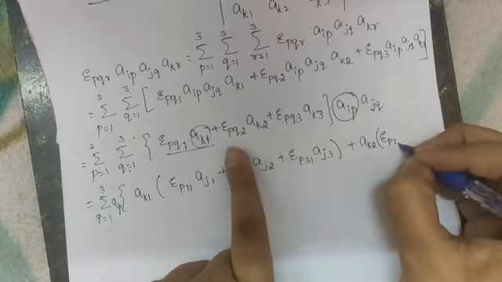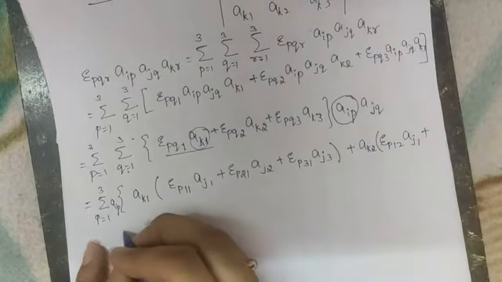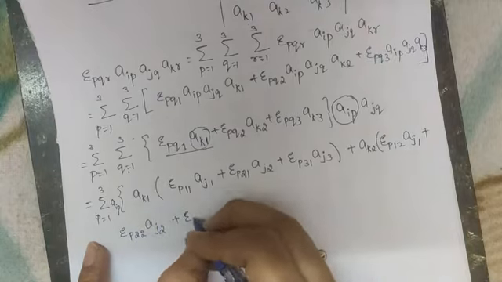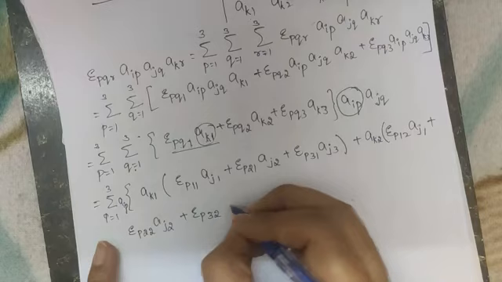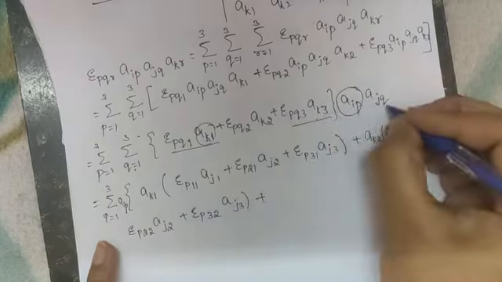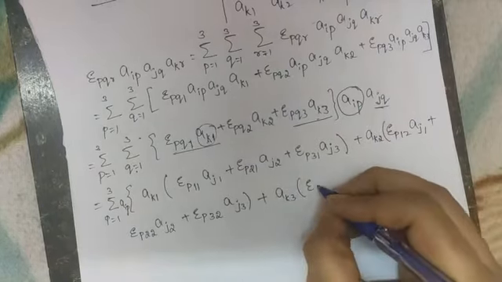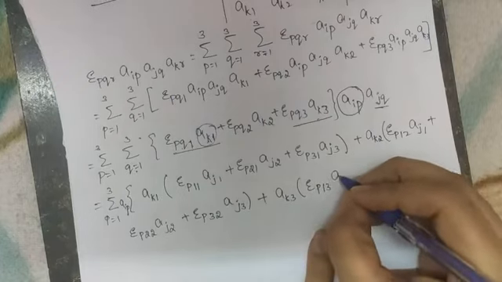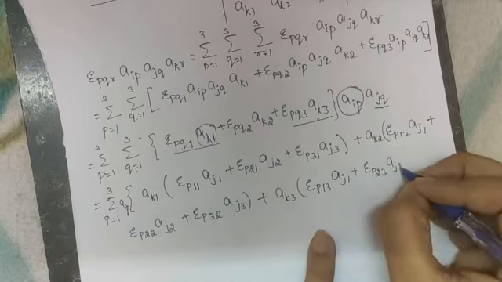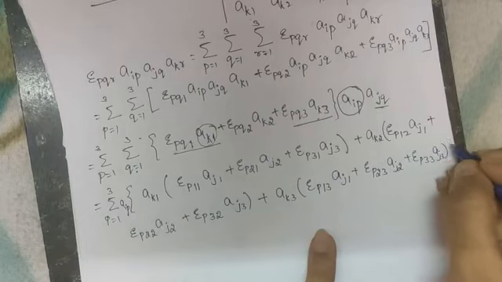So again epsilon p12 aj1 plus epsilon p22 aj2 plus epsilon p32 aj3, plus now I will consider ak3 into epsilon p13 aj1 plus epsilon p23 aj2 plus epsilon p33 aj3.